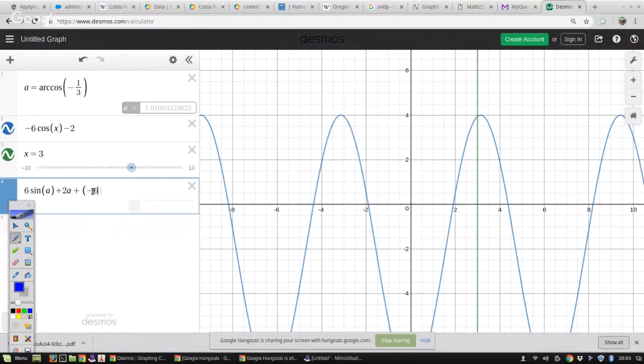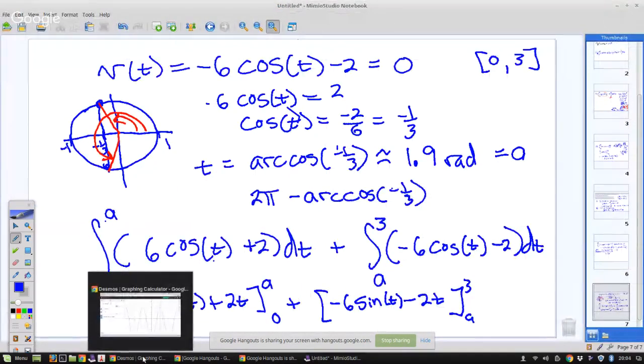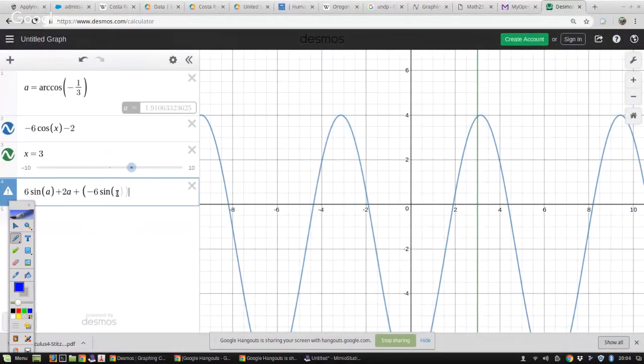I have a negative 6 times the sine, and we pick the upper boundary here, which is 3, and then I have minus 2 times 3. And then we'll subtract the lower bound, parentheses, negative 6 times the sine of A minus 2 times A.